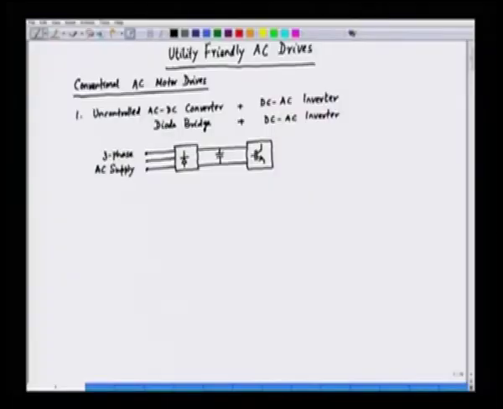So, on the input side, what we have here is the three phase AC supply, then we have the AC to DC converter, this is uncontrolled, and then we have the motor, which is connected at the output, and this is the AC motor, and this is the DC to AC inverter.